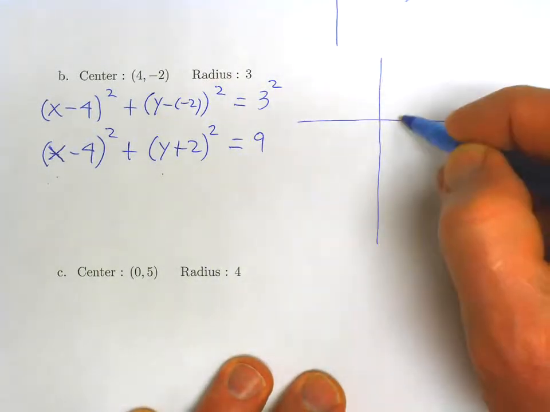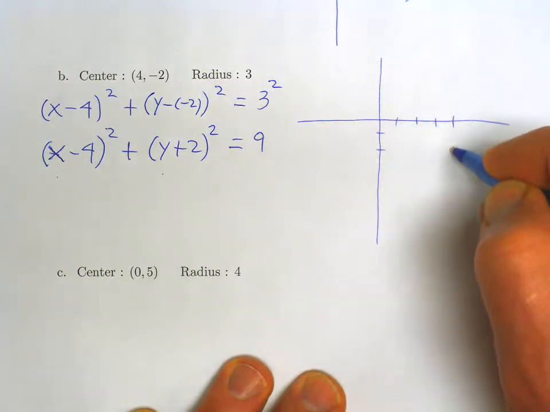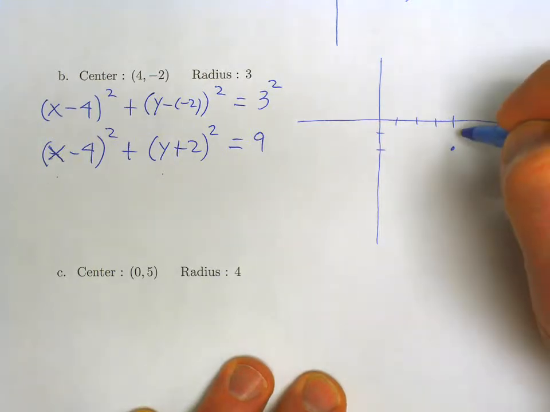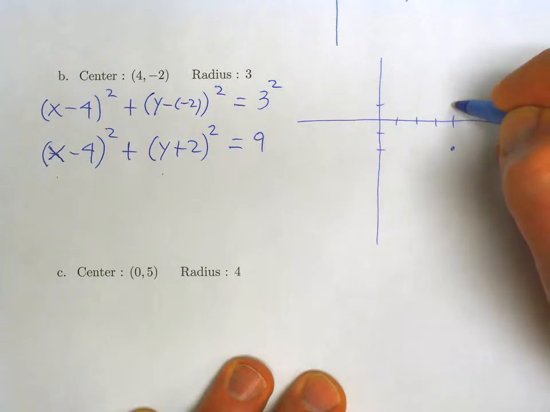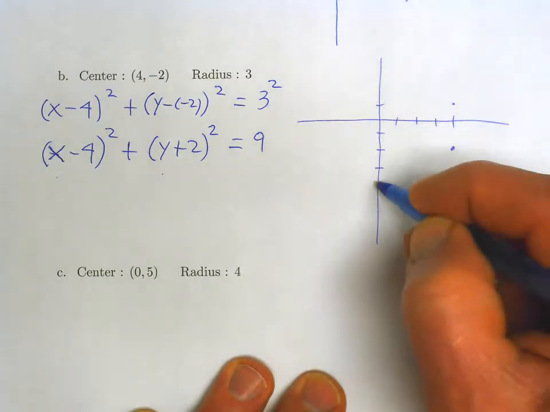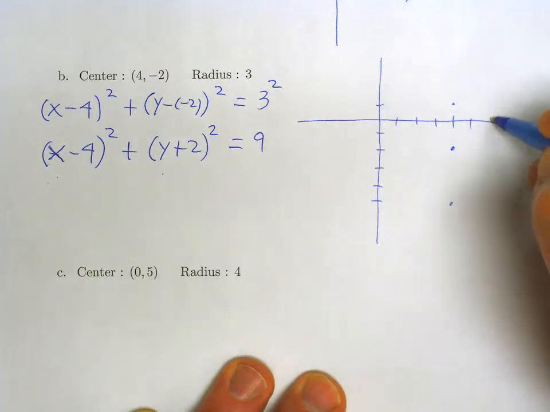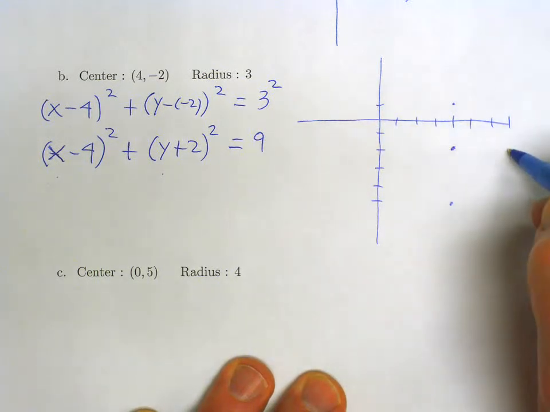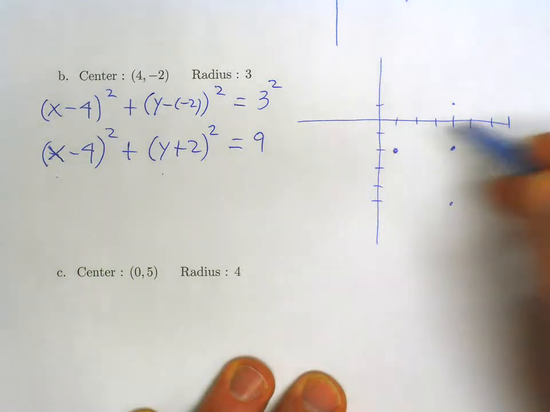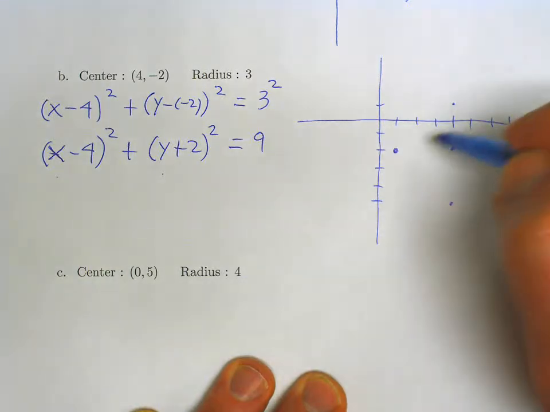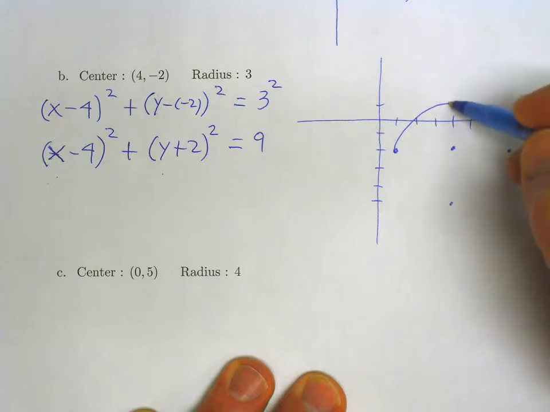Okay, 4, negative 2. The radius is 3. So that's a point on the circle. This is a point on the circle. So is this, and so is that. So I just draw a circle through those points.